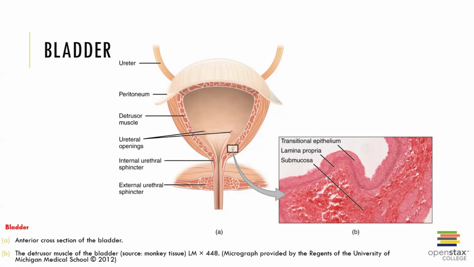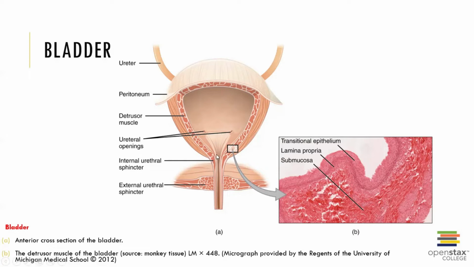The walls of the urinary bladder contain a mucosa, a submucosa, and a muscularis layer. The mucosa is, once again, transitional epithelium, and collectively, these 3 layers of smooth muscle are very, very strong. They compress the urinary bladder and expel its contents into the urethra.